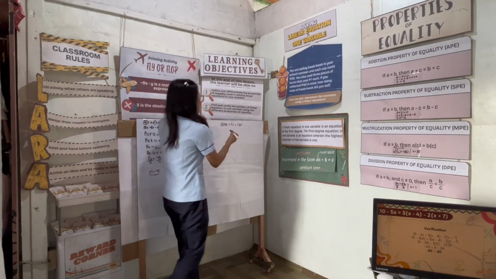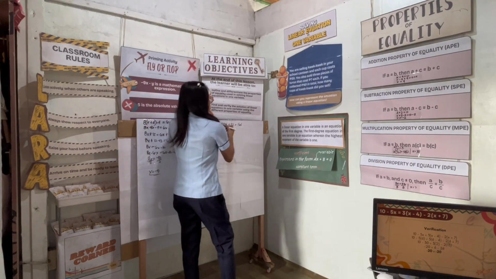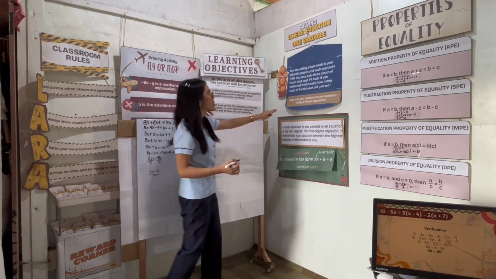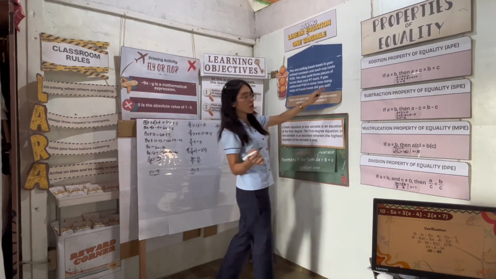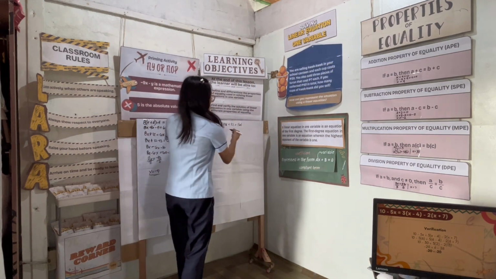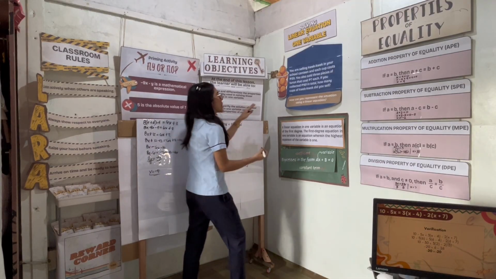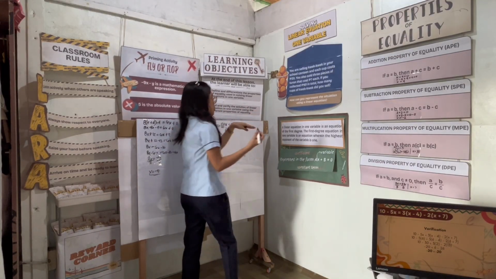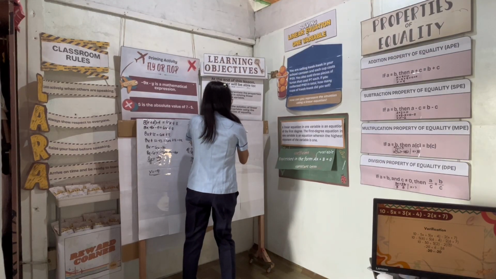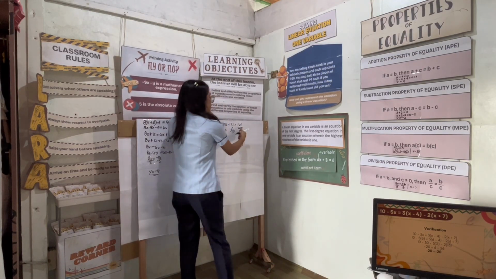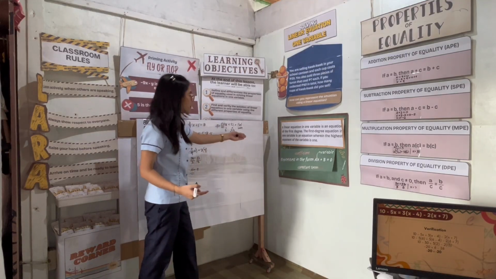Where did it come from? 20 is the price of the kwek-kwek. Okay? X is the missing value, or the cups of kwek-kwek that we sold. Okay? This is the cups. 21 came from the 3 turon that we sold. Okay? Which is 7 pesos each. Then this is our total profit.